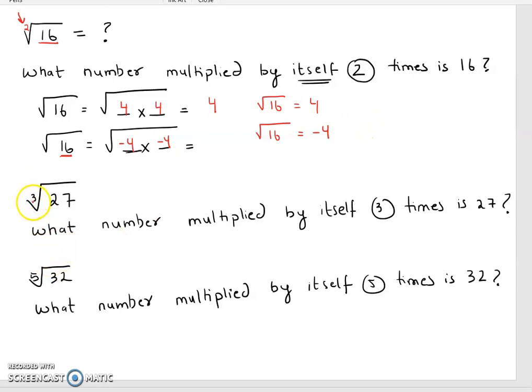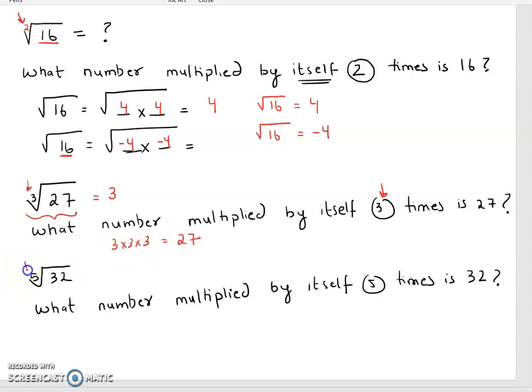If you see the index to be 3, so this is now a cube root of 27, this question is now asking you what number multiplied by itself 3 times is 27. And you would give that answer to be 3, because you know that 3 times 3 times 3, a number multiplied by itself 3 times, is 27.